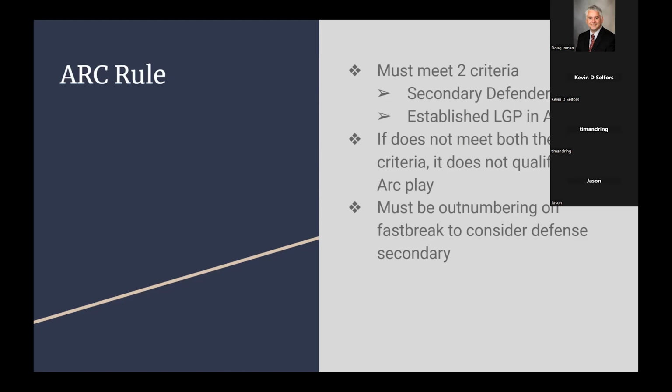If I come with a block and a point, I'm saying that that defender is legal. However, because of their location, it's got to be a block because they are inside the arc.